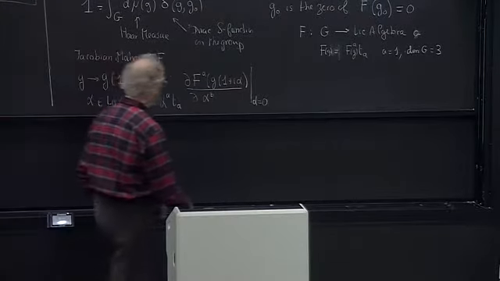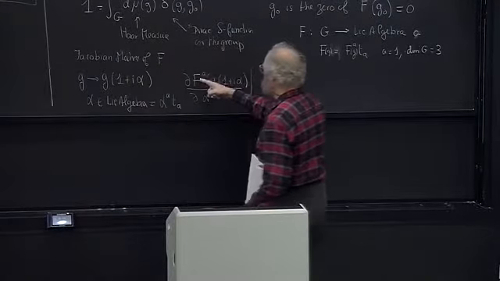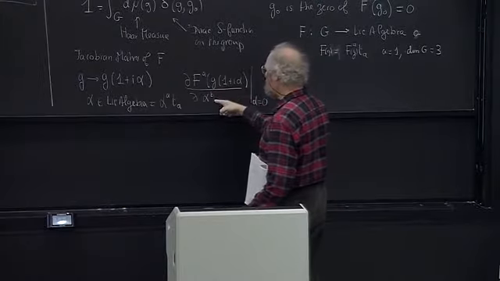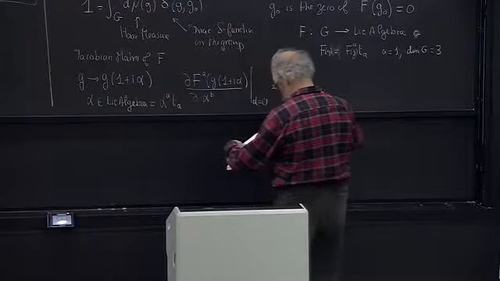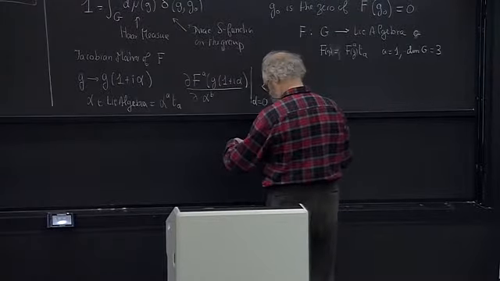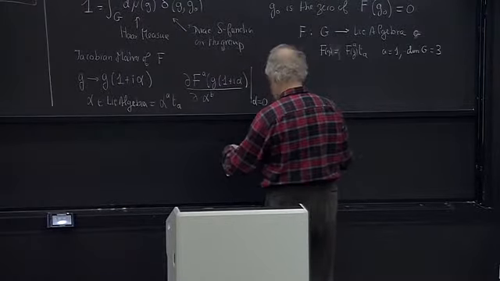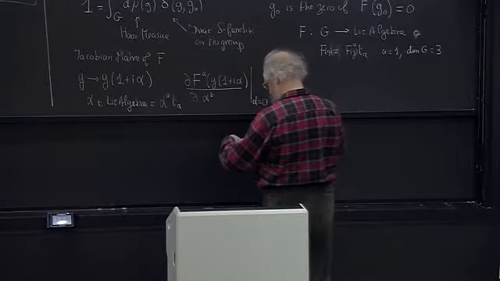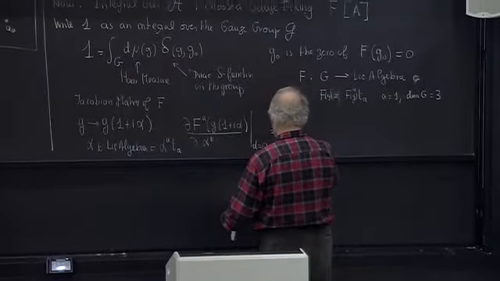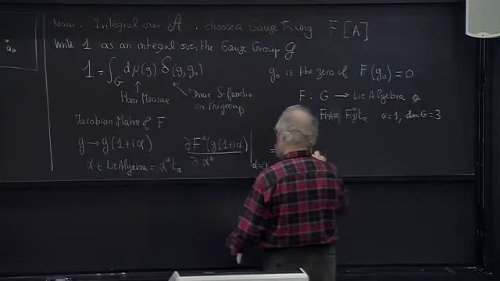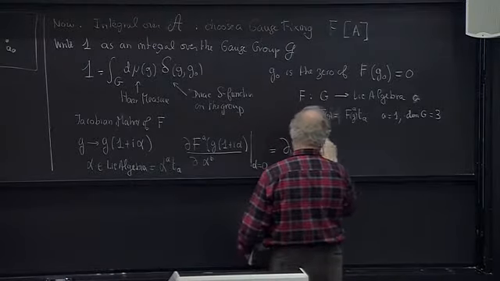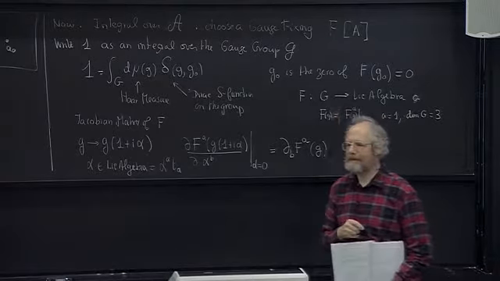Okay. So by definition, you say this is a derivative of a function with respect to a number. So this is a matrix element. So let me write this as: this is a matrix element that I'm going to denote simply dB of FA at G. Okay?